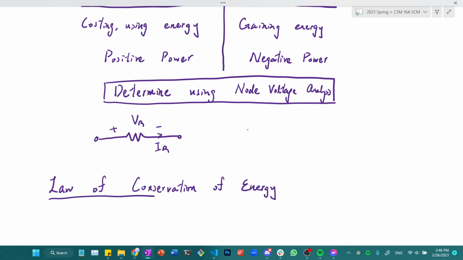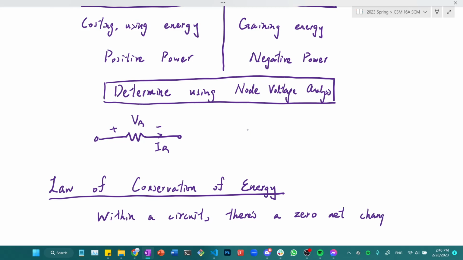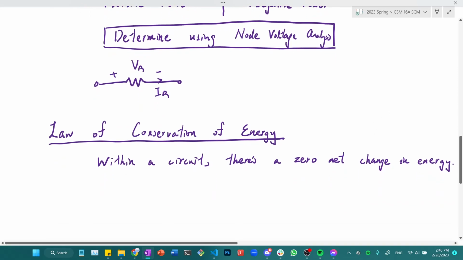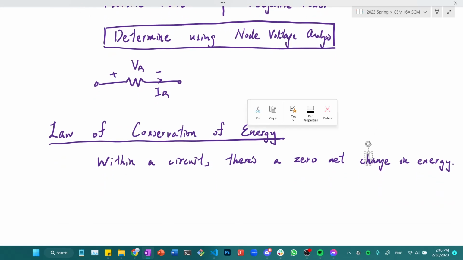The law of conservation of energy states that within a circuit, there is a zero net change of energy. What this means is that the rate of change of energy across time is equal to 0.